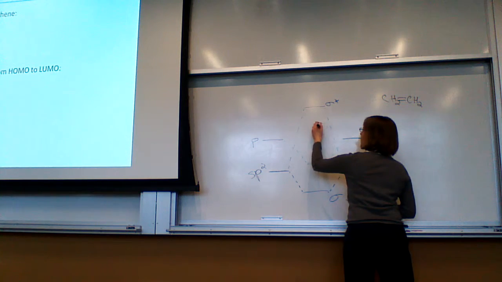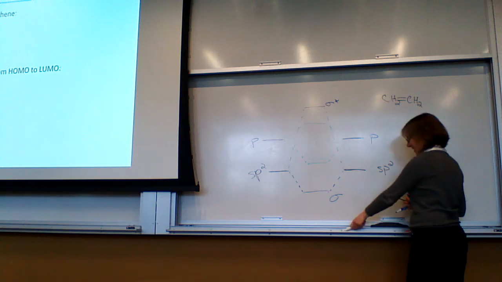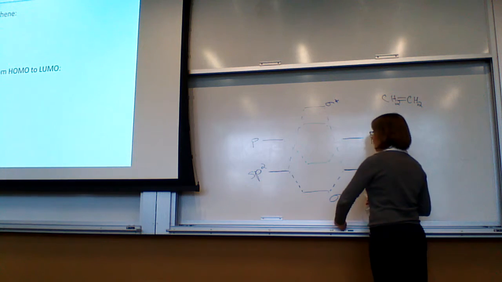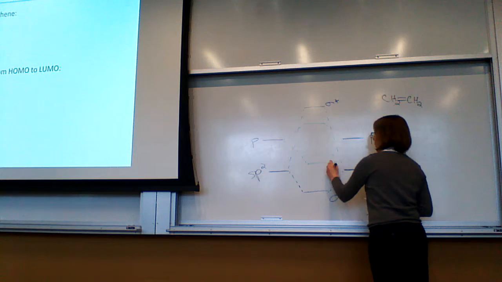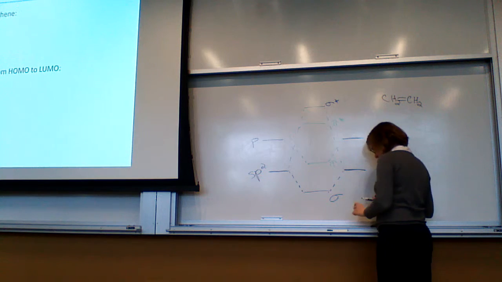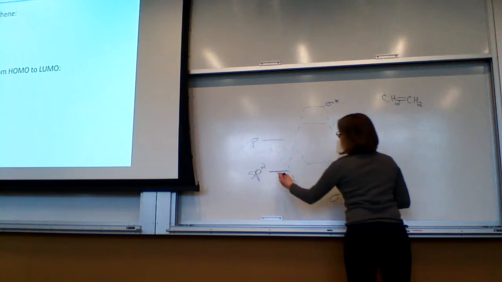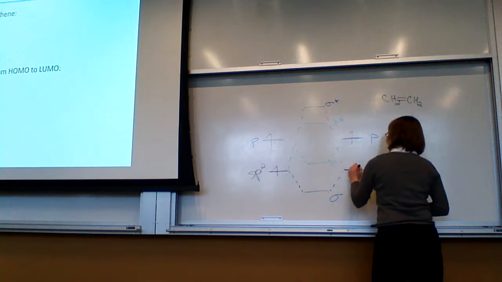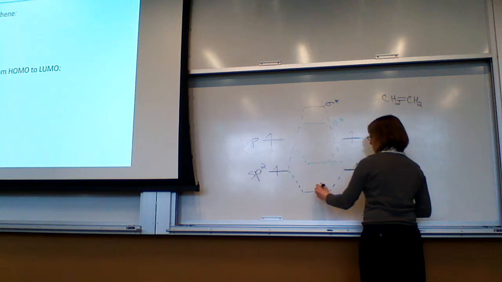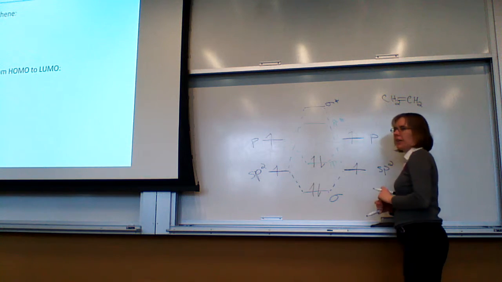So we form the pi bond between the two p orbitals. And in your ethene molecule, we have two electrons that are going to come together in our sigma bond, and two electrons that come together in the pi bond.